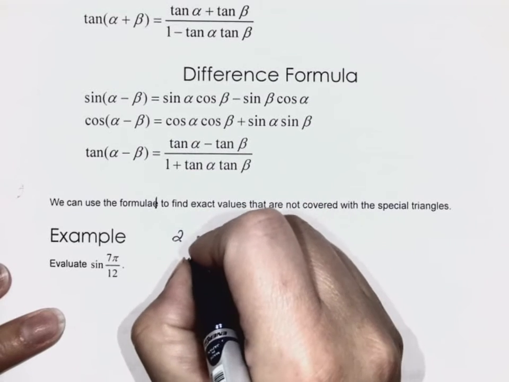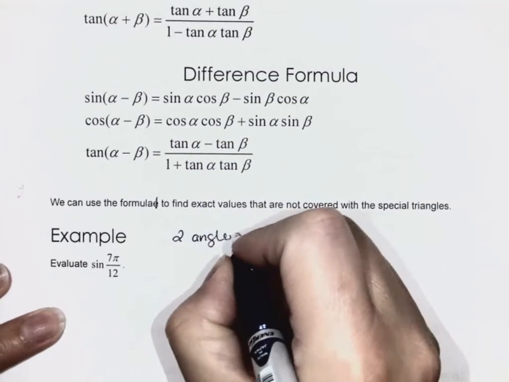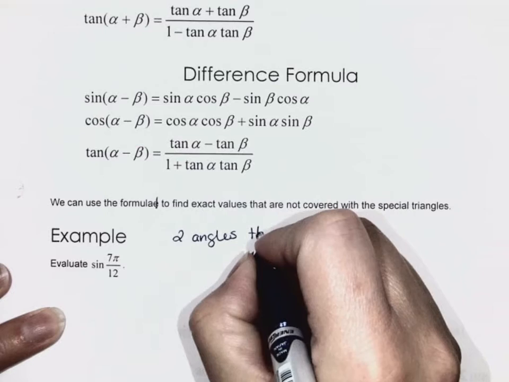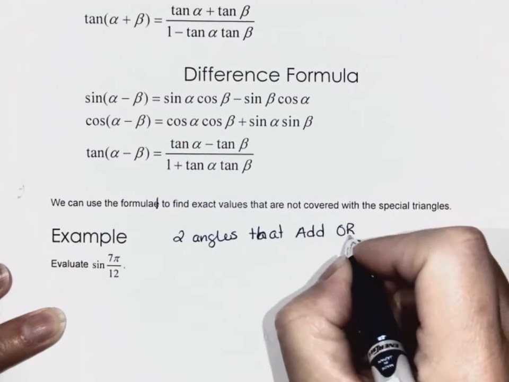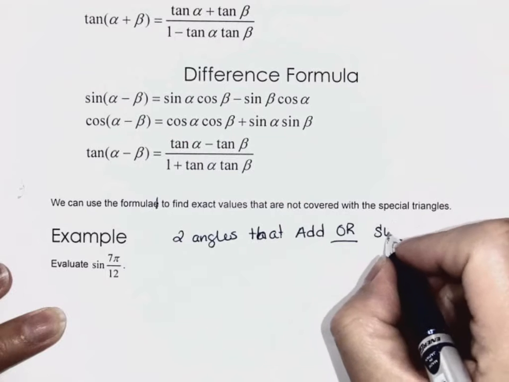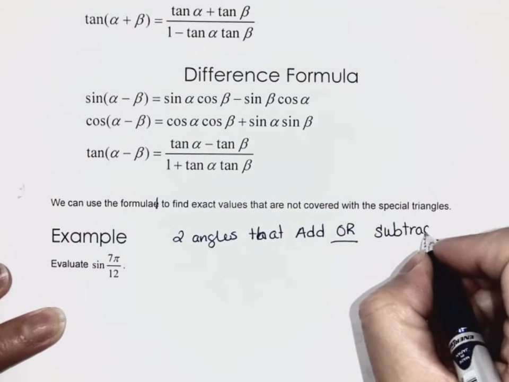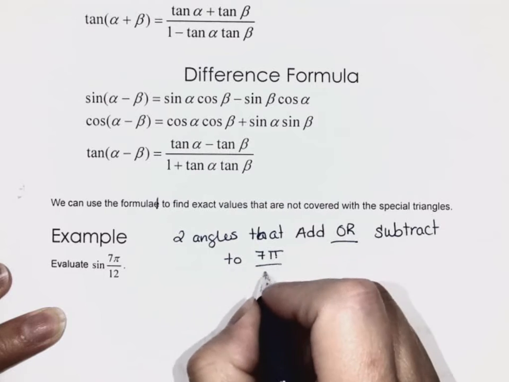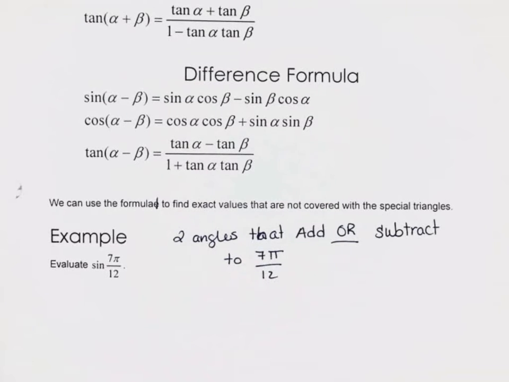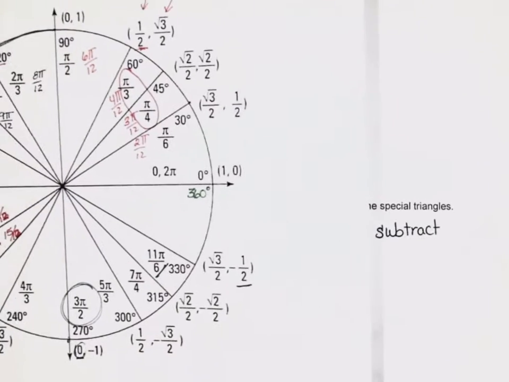So you need to find two angles that add or subtract. Oh, look at this. I've already kind of done some stuff. I'm going to slide this over here for a second.